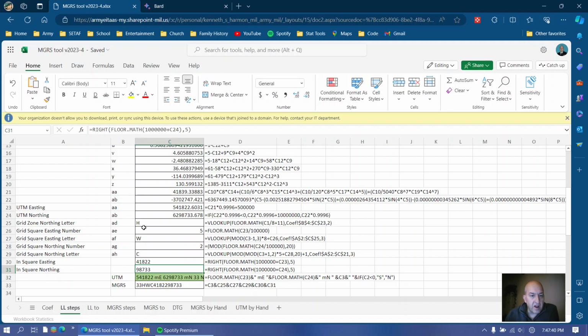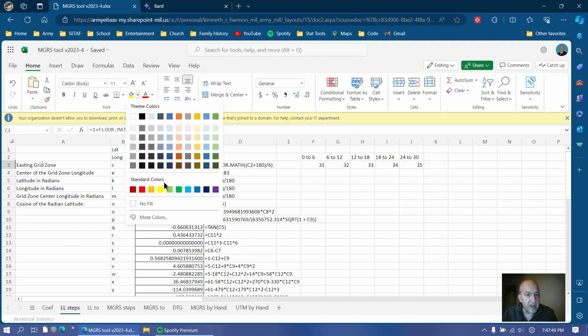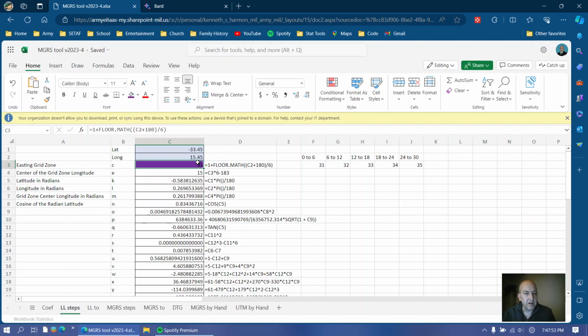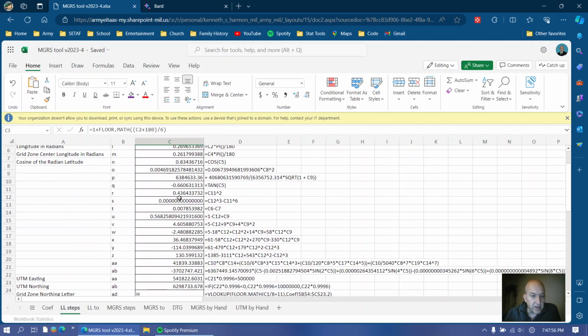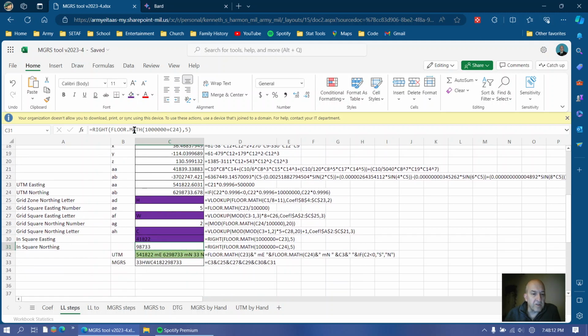We take all of the pieces that make up MGRS. We need this guy. Let's fill that with, I don't know, purpley color. So that's the first number, is the 33. The next thing is this H. The next thing is the W. The next is the Charlie. And then these 5 digits and those 5 digits.